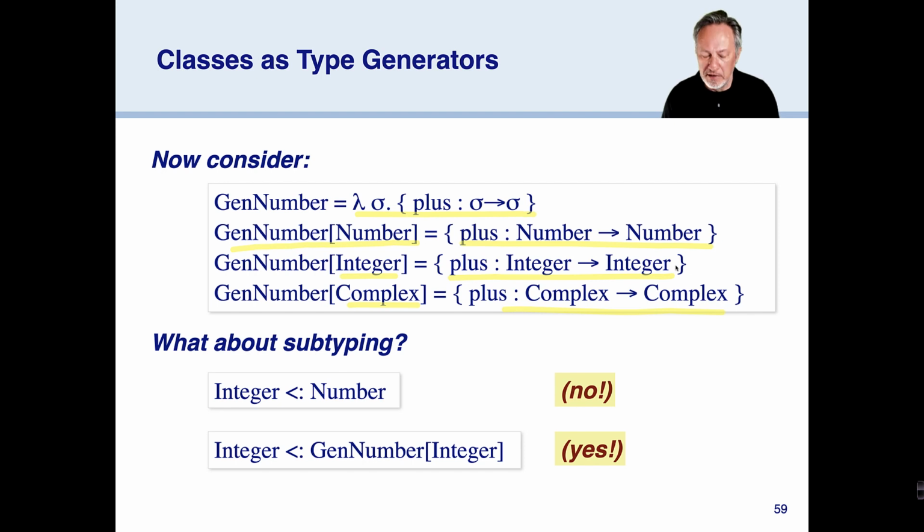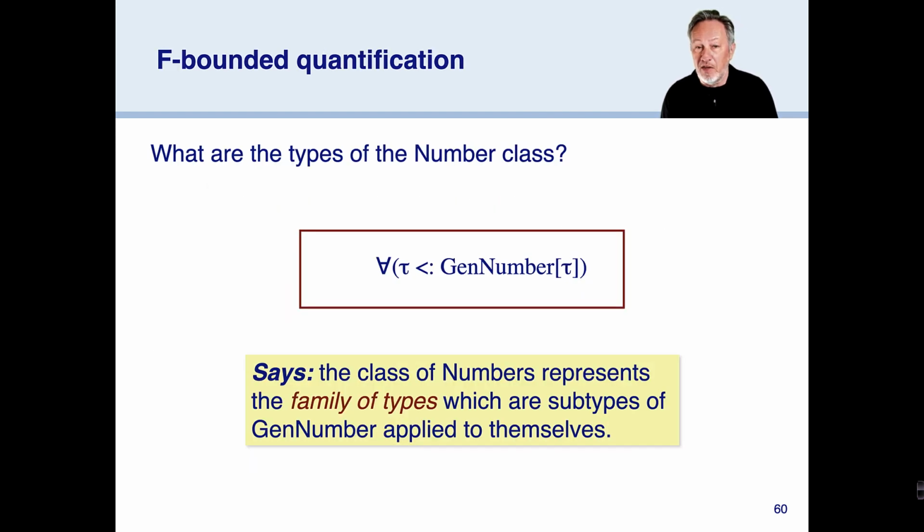So we're doing things at different times. This is where the notion of f-bounded quantification comes in. And this is from the paper by Canning and colleagues in Uppsala in 1989, some time back, and they clarified this whole issue.